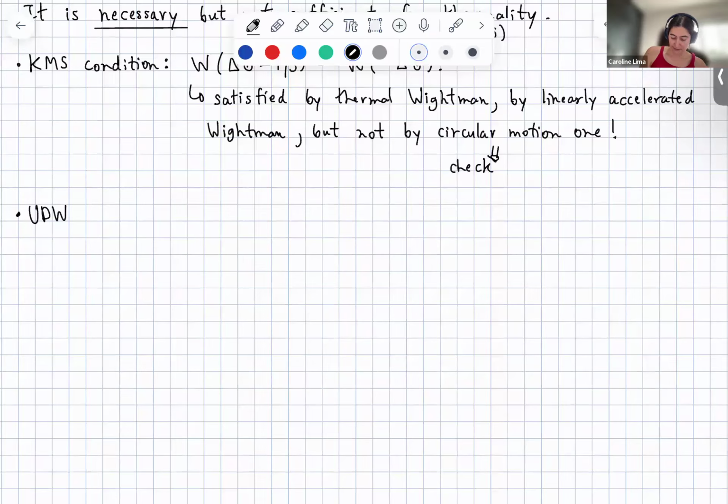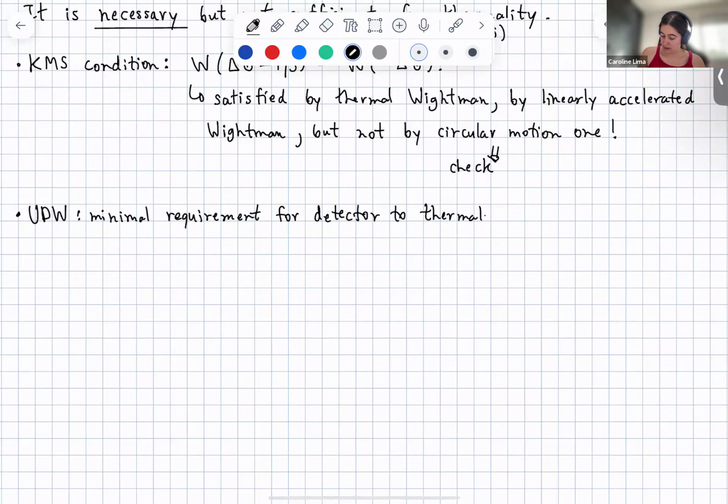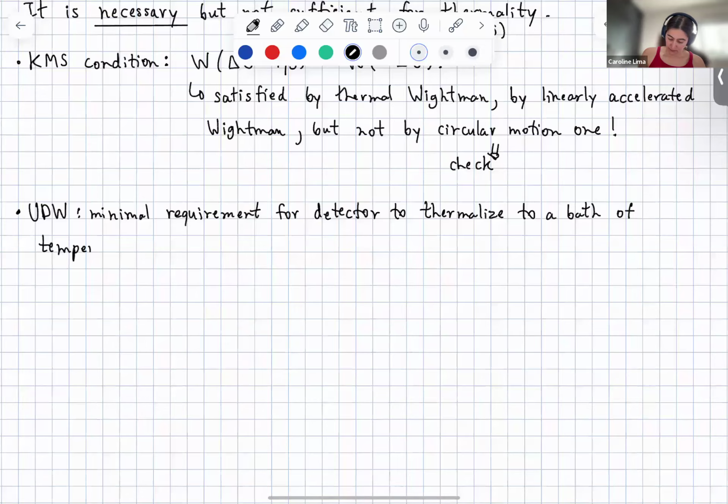So for the UDW detector, a minimal requirement for a detector to thermalize to some temperature T, which is 1 over beta, was a detailed balance condition, right?